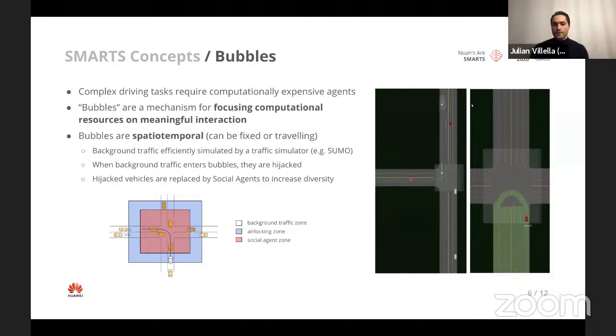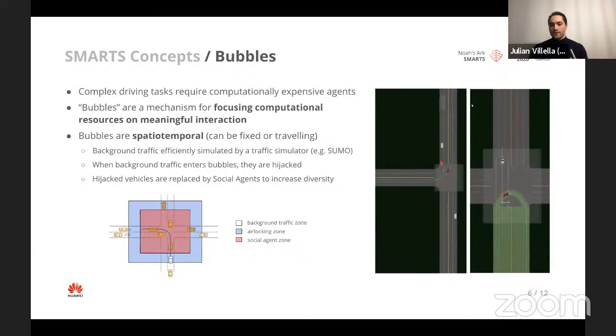Given this example on the right, we have vehicles on this highway portion that eventually make their way into the junction. When they're outside of the junction, they can be controlled by background traffic providers, which is computationally low in terms of resources. Once they make their way into the bubble, this region here, the agent can take over, navigate that task to completion, collecting data and learning from the experience.